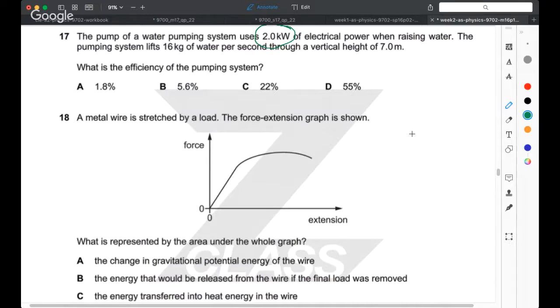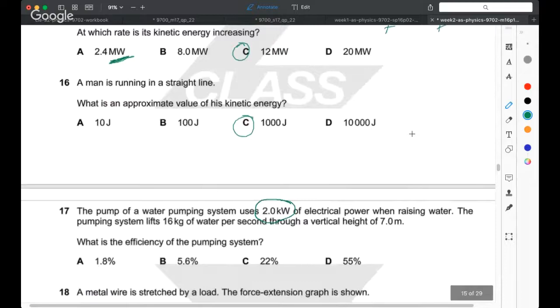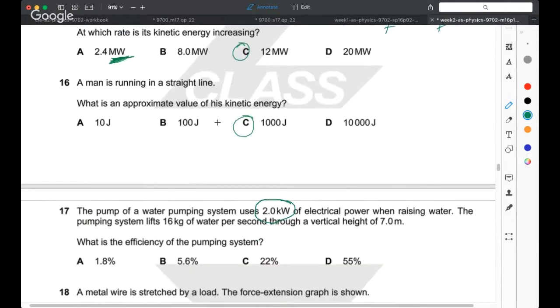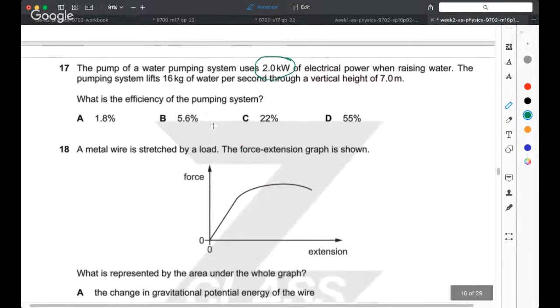No, kilowatts, that's 3. Here it's megawatts. So it's units of power. Power, okay. So what's the equation of power? It gives you the mass, and it gives you the height.